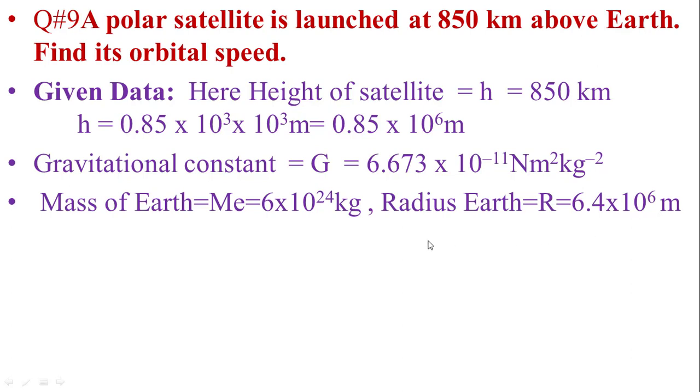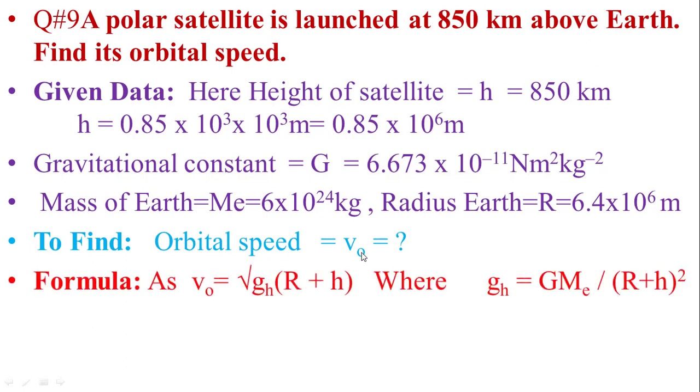Both are constant. Now, to find the orbital speed v naught, we know that v naught is equal to square root of g_h into (R plus h). But we also know that g_h is equal to G M_E upon (R plus h) whole square.